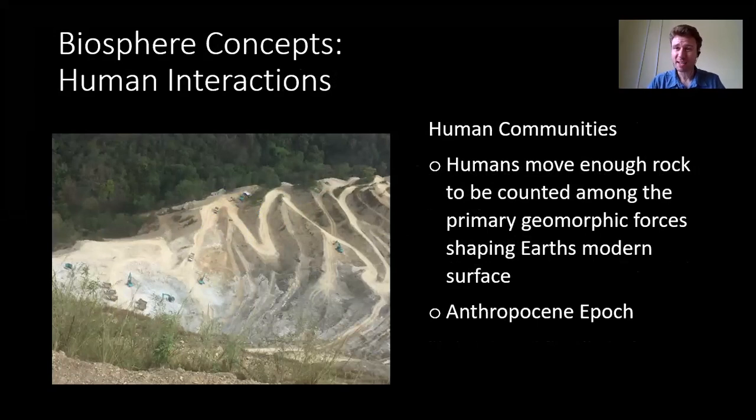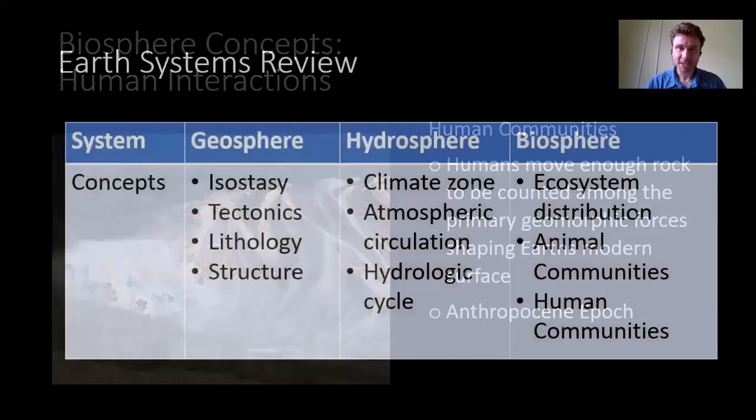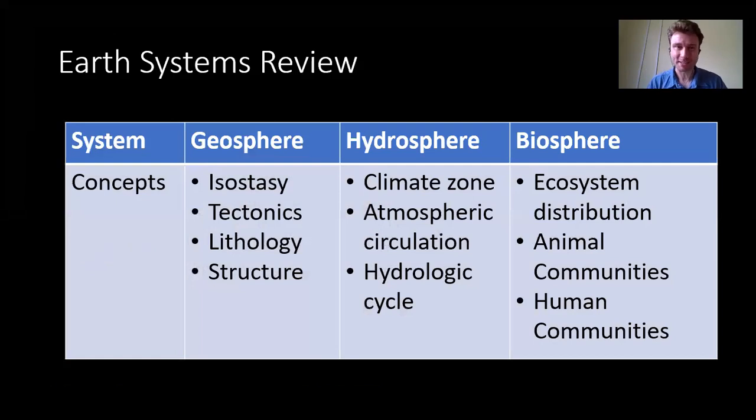And there's a huge debate in the geologic community considering whether we've entered into this Anthropocene epoch, and how our presence shapes the long-term record. So when we look at all of these Earth systems, we can see the interwoven concepts that are built into each of them. And we can use these concepts and these systems to start to ascribe meaning to our observations.